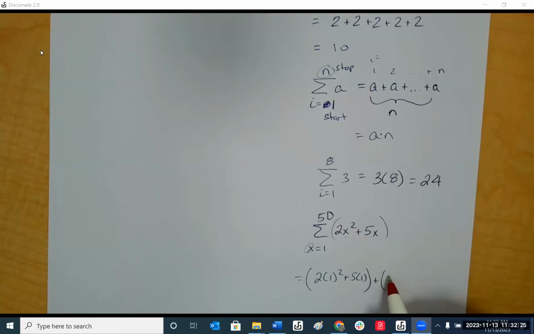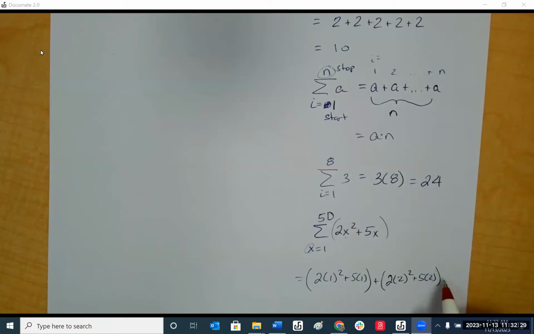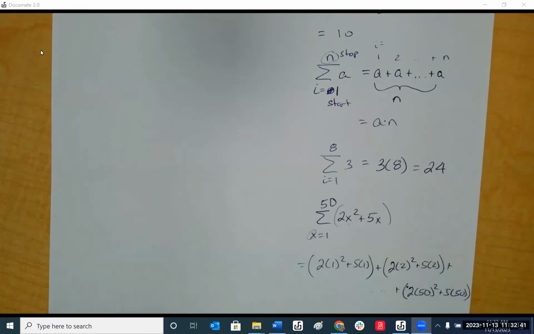Then the next time through, X is 2. Next time, I keep on going all the way through till we get to 50. So that's how the summation symbol works.